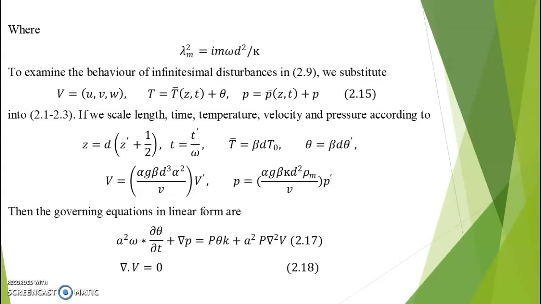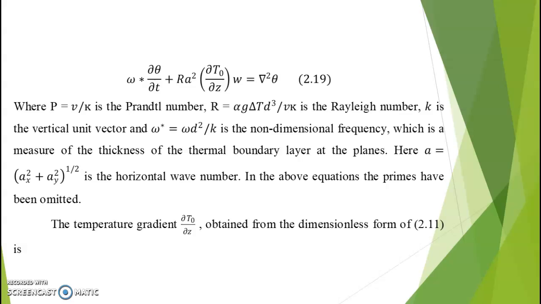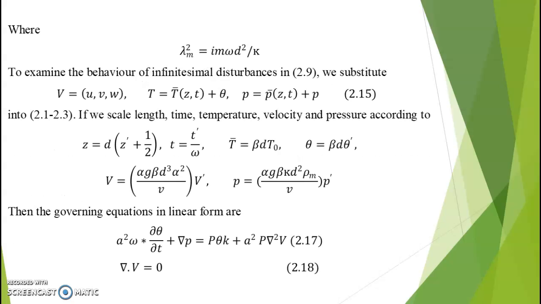We use these coefficients to transform our governing equation into linear form, which are formed in 2.17, 2.18 and 2.19. These three equations are formed because we substitute 2.15 and 2.16 into the governing equation.